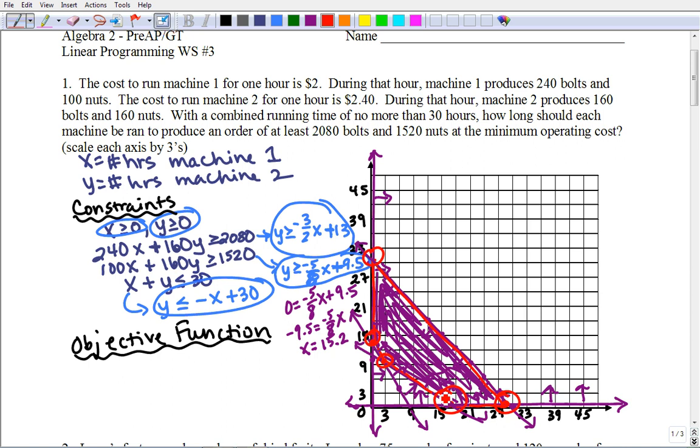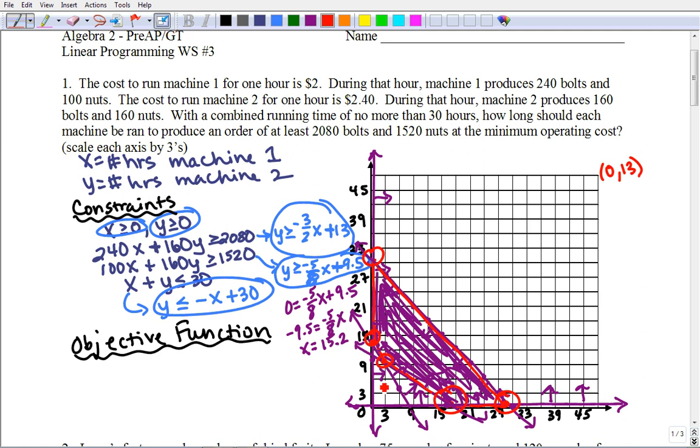So let's start listing these out off to the side here. For my vertices, let's do the easy ones first. This was 0, and that y-intercept, if you can't remember, don't just guess, look up and remember, that y-intercept was at 13, so we have the point 0, 13.